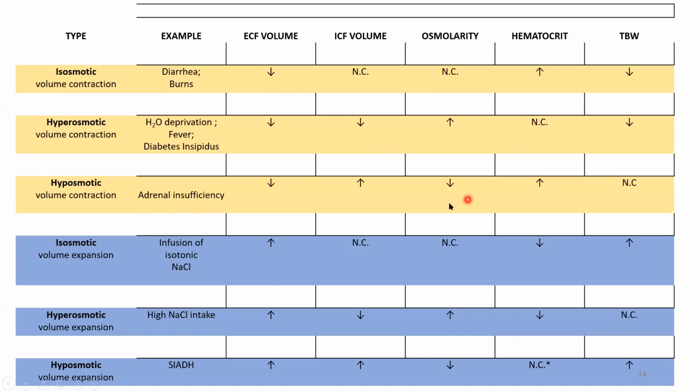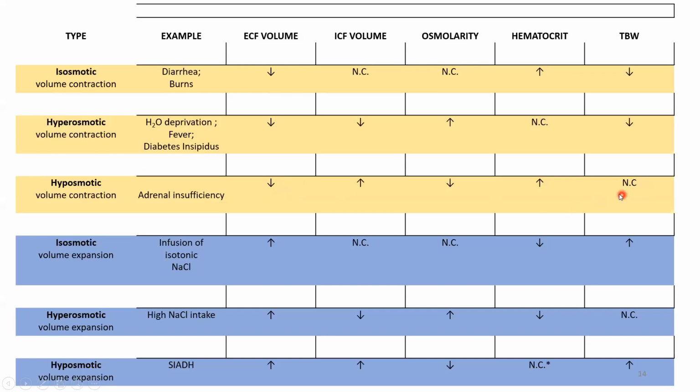So what happens is osmolarity goes down because you have taken solute, sodium, out of the ECF compartment. You have made it more dilute. The ECF volume would go down, and ICF volume will go up because the water will travel from the ECF compartment into the ICF compartment, raising its volume.